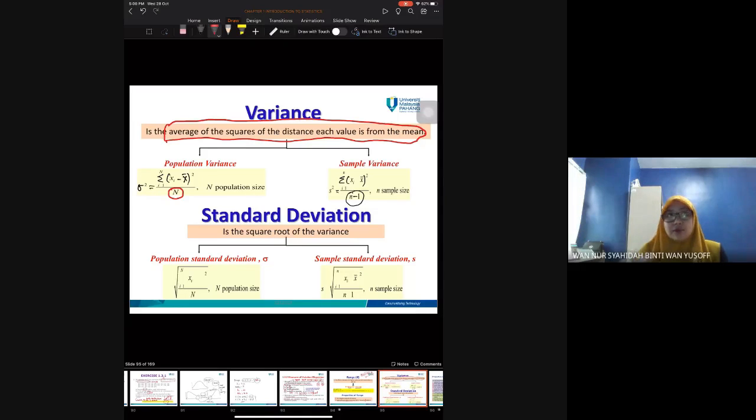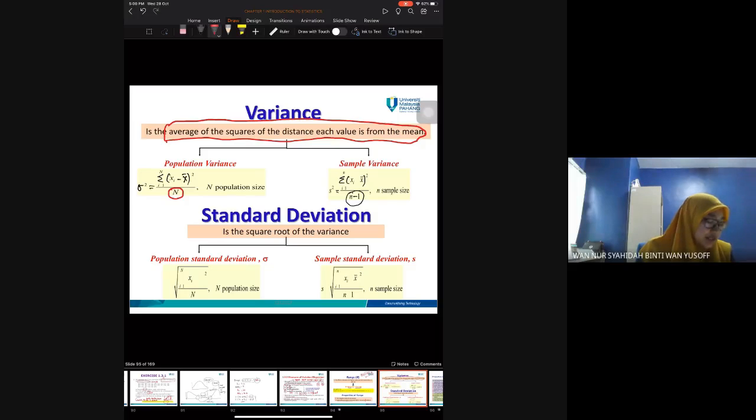But when we have more than one data set, we go to comparing the variance between those data sets, and we try to compare which one is better, which data is more consistent, and so on.